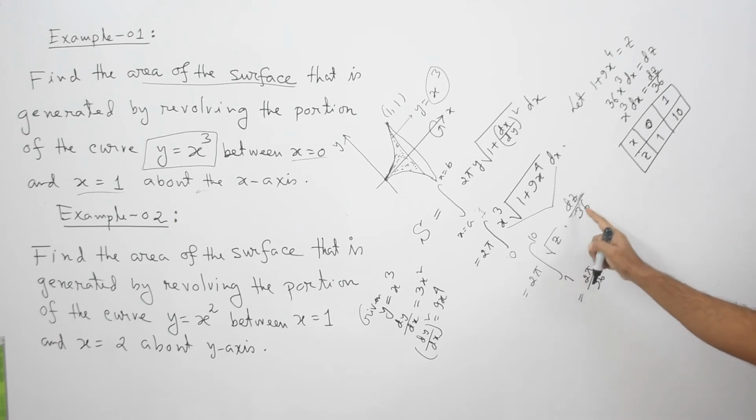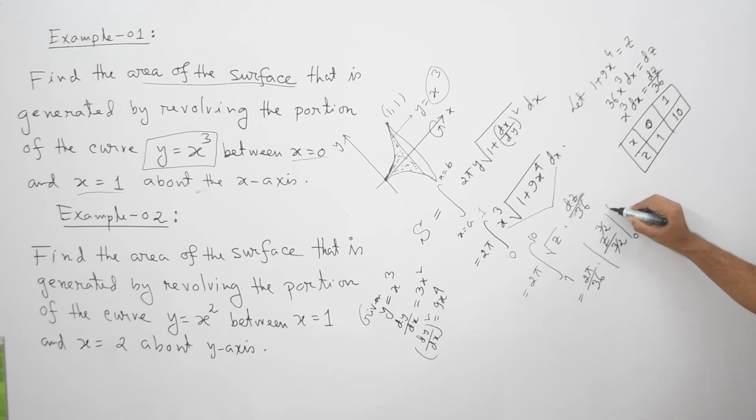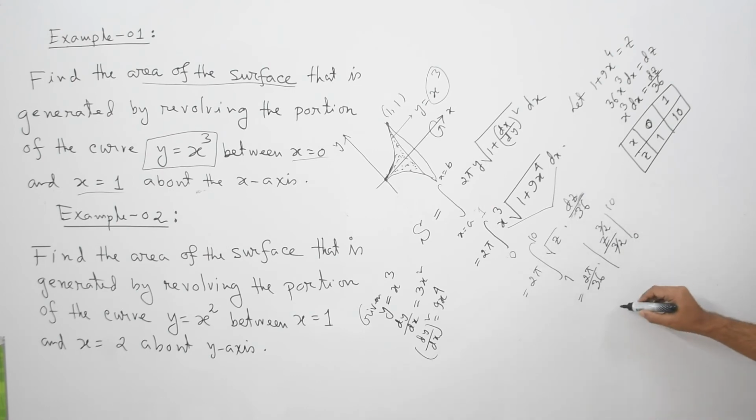We can take this 36 out of the integration, and the integration of root z is z to the power half plus 1, that is 3 by 2, divided by 3 by 2, from 1 to 10, and this equals 2 pi by 36.